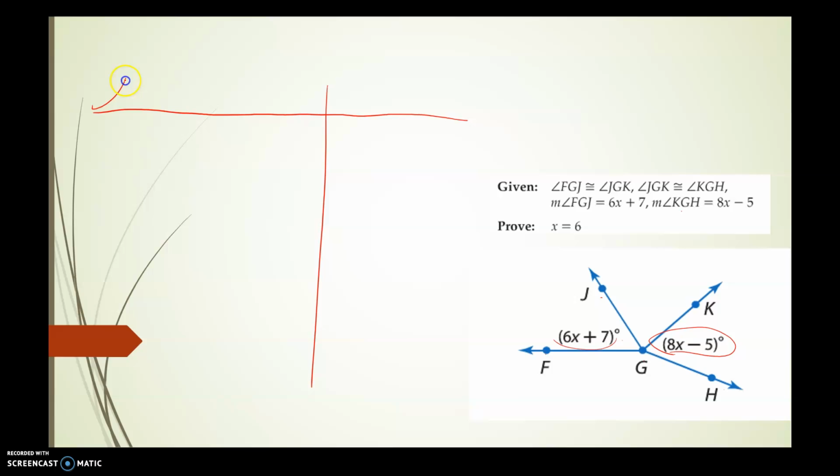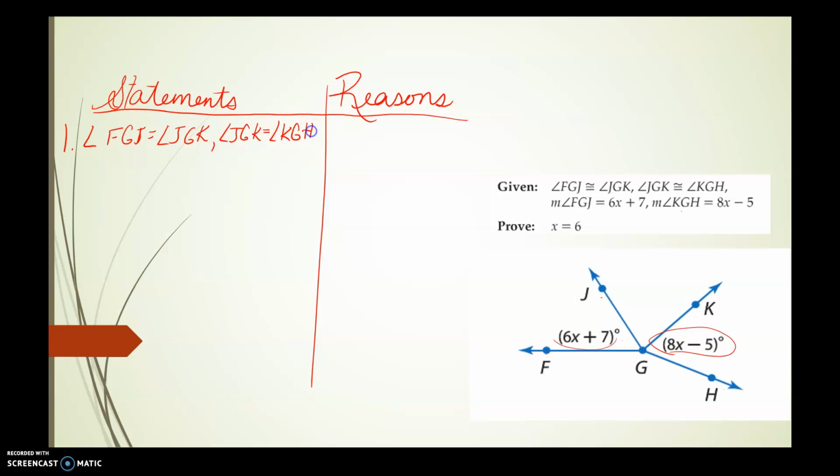So same thing as we started with algebraic. It's just a little bit more steps. So statements here, remember, that's kind of like your steps and your reasons. So I'm always going to start with given. I'm going to write exactly what I'm given. Angle FGJ is congruent to angle JGK, and angle JGK is congruent to angle KGH.